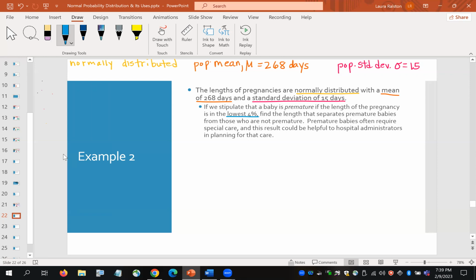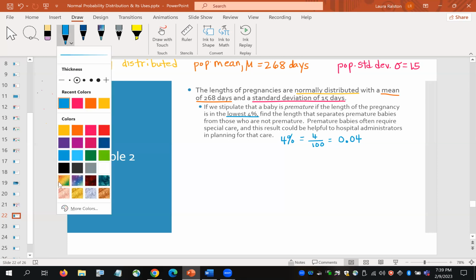Premature babies often require special care, and this result could be helpful to hospital administrators in planning that care. Okay, so we have 4%. Again, I'm going to convert that to a decimal first off. 4 divided by 100, which is 0.04.